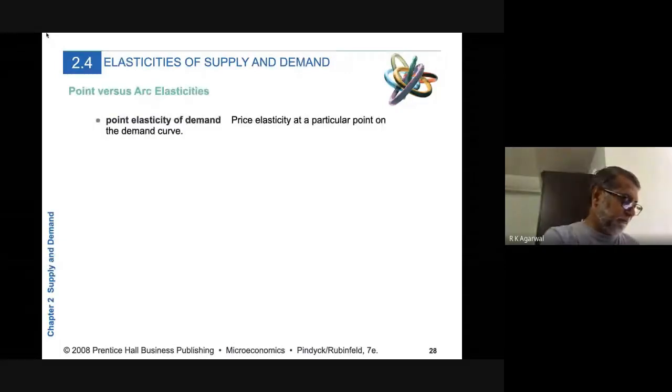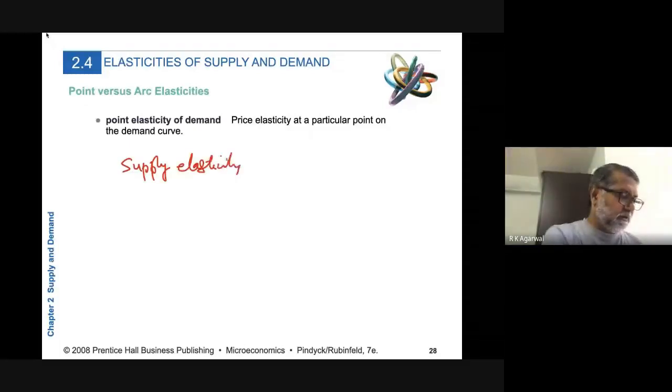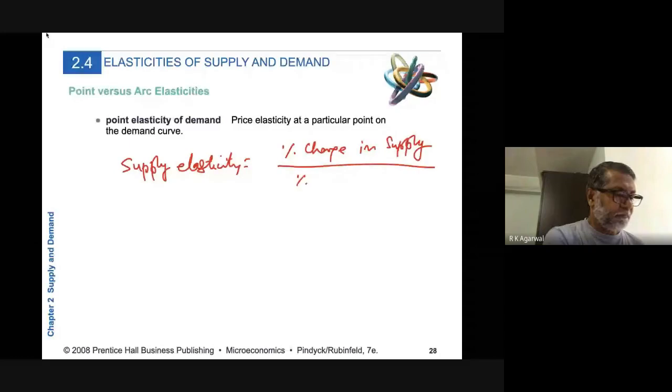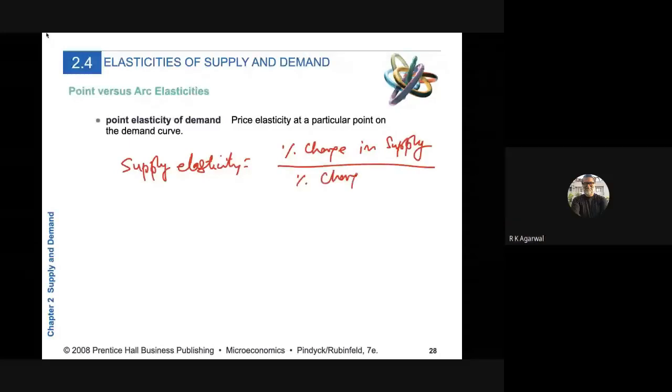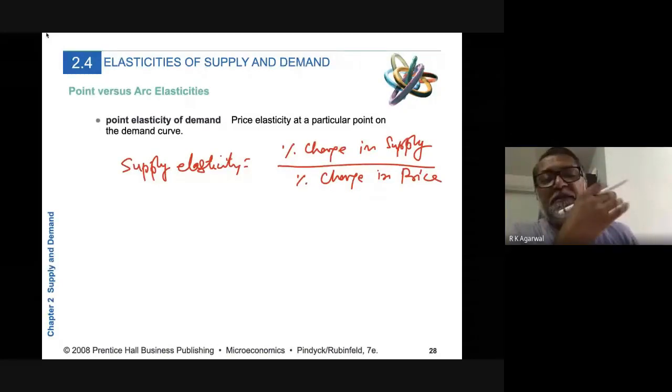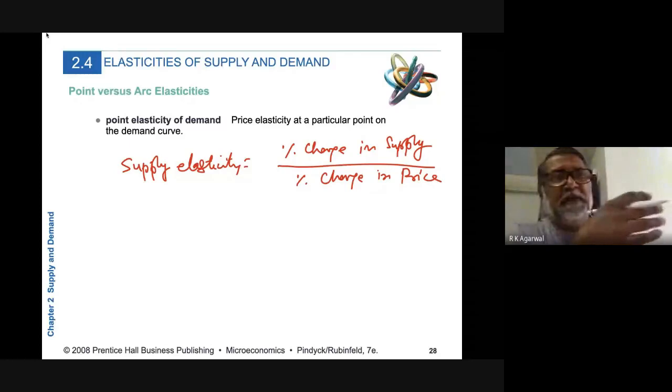So supply elasticity is equal to percentage change in supply divided by percentage change in price. And we know that there is a positive relationship between price and supply. Higher the price, higher the supply, lower the price, lower the supply, other things remaining the same.